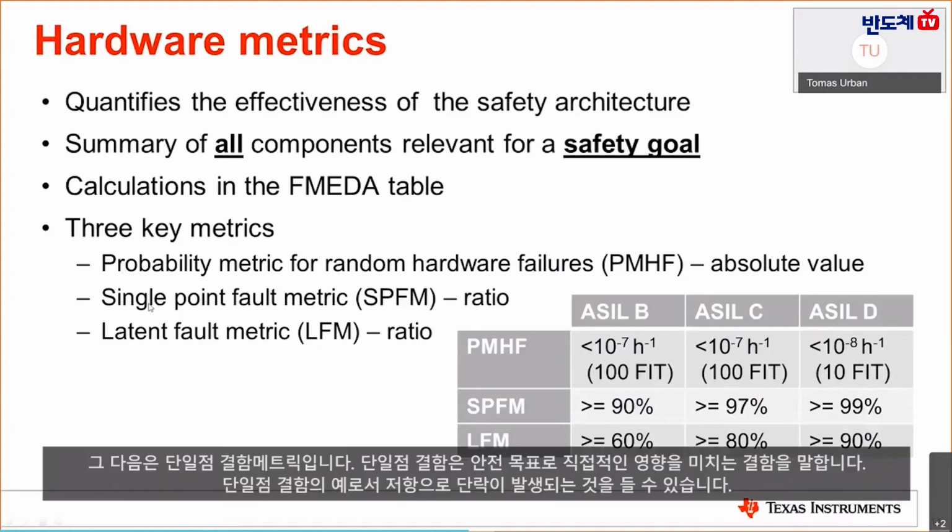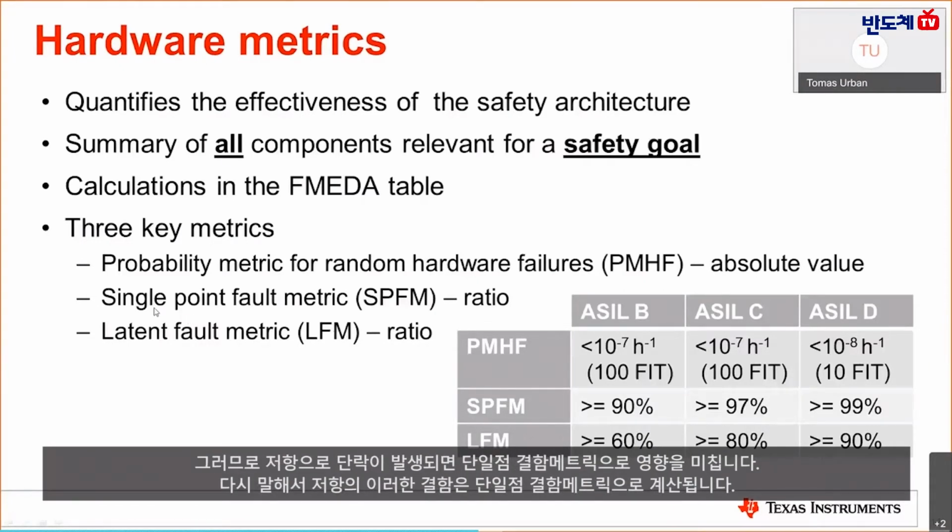Then there is the single point fault metric. A single point fault is basically a fault that has a direct impact on a safety goal. For example, if a resistor is marked as a single point fault and it fails short, then it may have an impact on the single point fault metric.